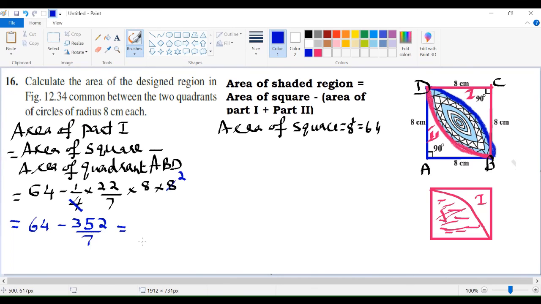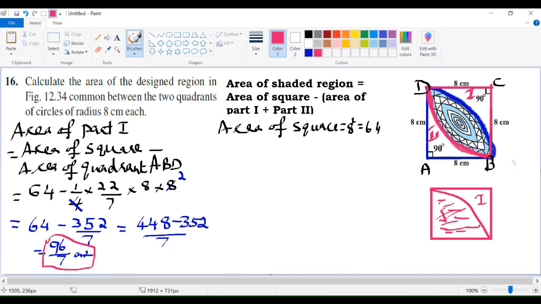So LCM is 7. So 64 into 7, 448 minus 352 divided by 7. Which is equal to 96 by 7 centimeter square. So this is the area of white part 1.